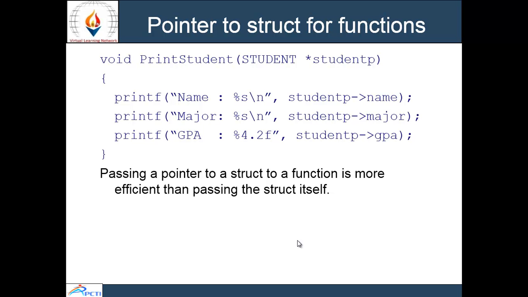As we have discussed in the functions where we pass the address of a variable, here I am using the pointer to pass the address of a structure. So we can pass the address of a structure also. The whole structure will be passed to a function and the whole address will be passed like this. Here student p is the pointer that accesses the members of the student structure like this.